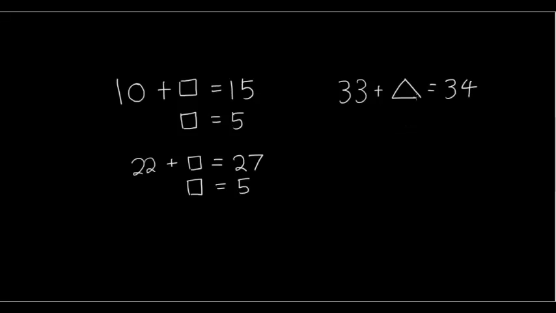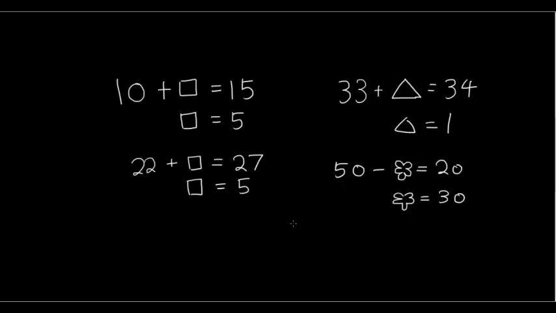So the triangle must equal 1. Alright, and if I told you 50 minus, let's not do a box, let's do a funny flower shape, equals 20. Alright, so you can probably tell me that the flower shape is 30.